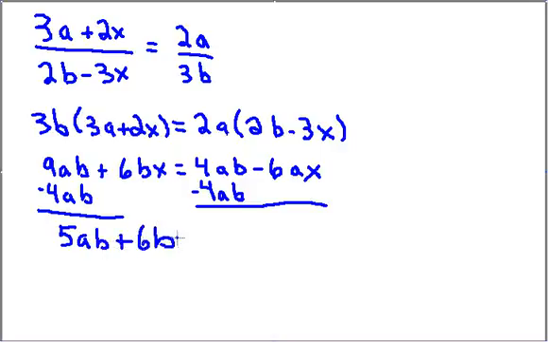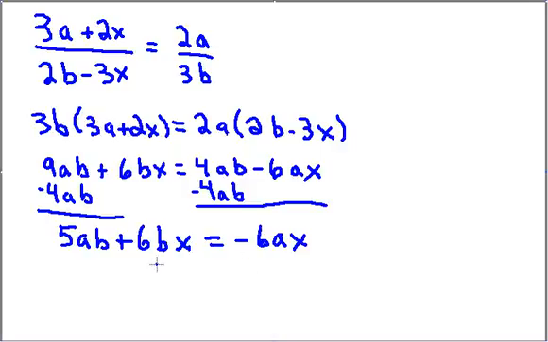And then on the right-hand side, let's rewrite that. On the right-hand side, our 4ab and minus 4ab will cancel, and we're left with minus 6ax. We need to get rid of this from the left side and over to the right.